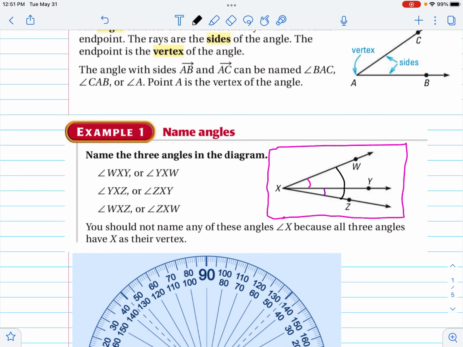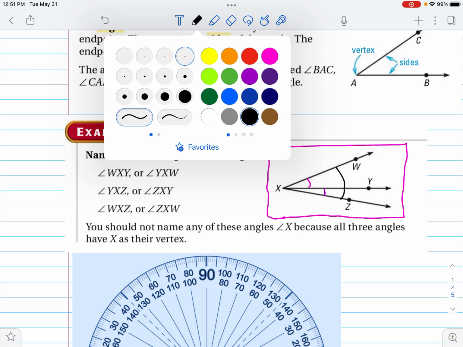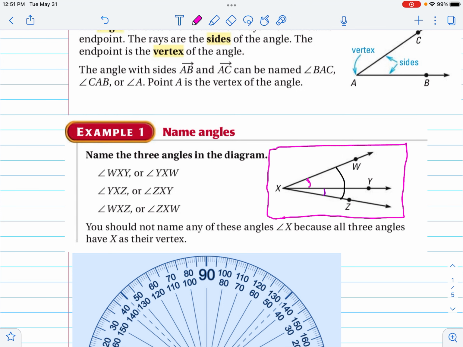So we've got three angles we're looking at, and we want to name those. First, I'll name this pink one. Probably you can see we would go W, X, and now we have a choice at X. We could go down here to Z or over here to Y.